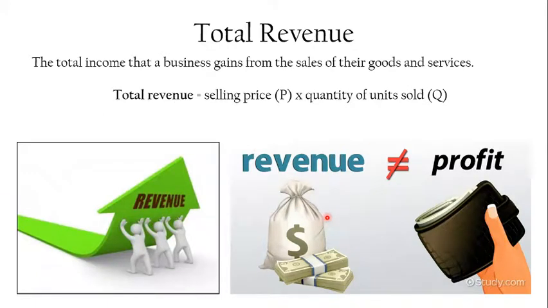They're two different things. So if you take a very simple example of selling cakes, if you sell cakes for £1 each and you sell 10 of them, how much revenue do you get? Well, they're £1 each, you sell 10 of them, that equals £10 total revenue. But is that your profit?